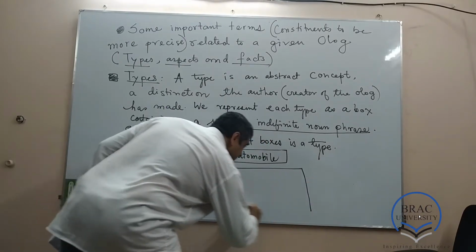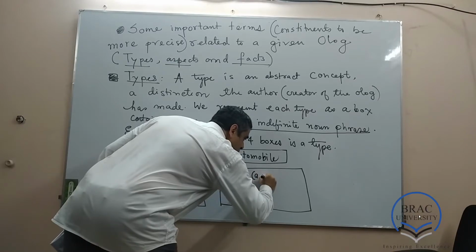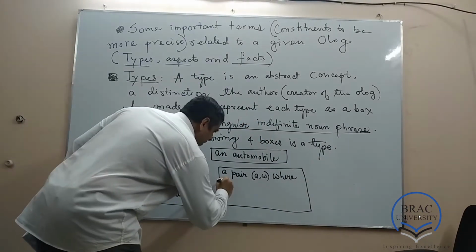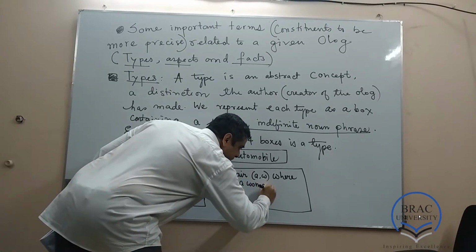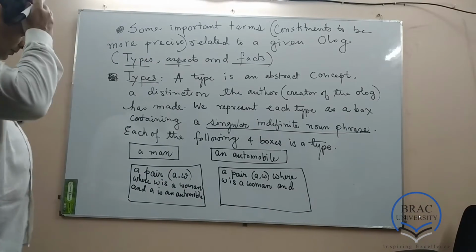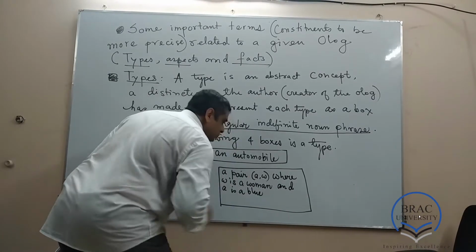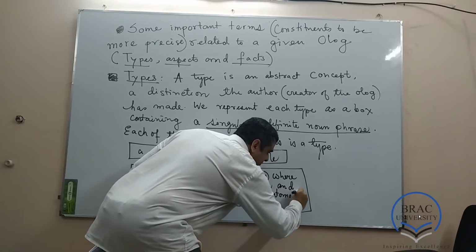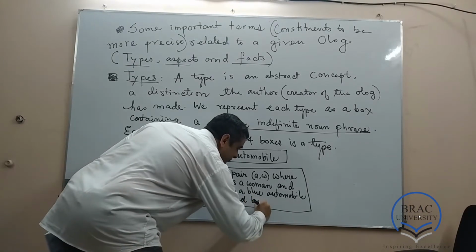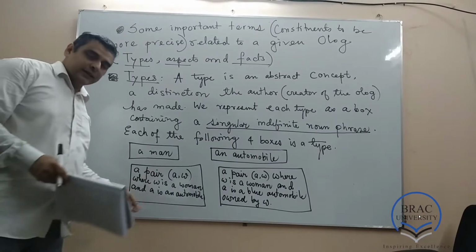We had another example of a type here. A pair, singular type, a pair A, W, but of course different, where W is a woman again, and A is a blue automobile owned by W. Observe that there are more restrictions or constraints put in this type than the one on the left.